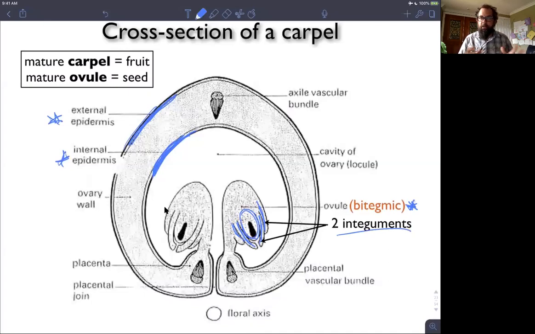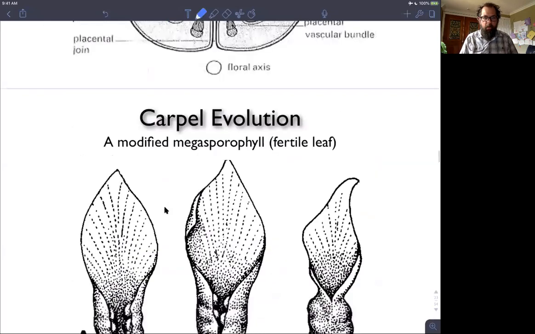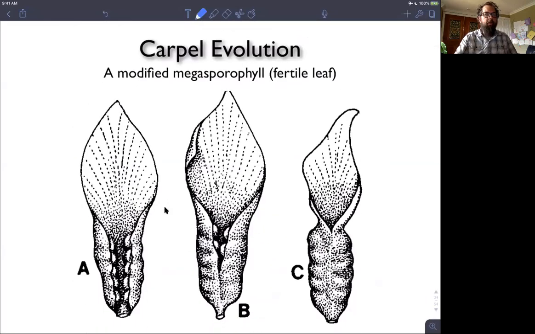The main thing I want to show you here is in the cross-section of the carpel, we have both an external and an internal epidermis. So what's the deal with that? Well, if we think about the evolution of a carpel in the same way that we thought about the evolution of a stamen, the evolution of a carpel comes from a modified megasporophyll, so a fertile leaf that contains megasporangia. And so in the fossil record, we can actually see what we call these conduplicate carpels.